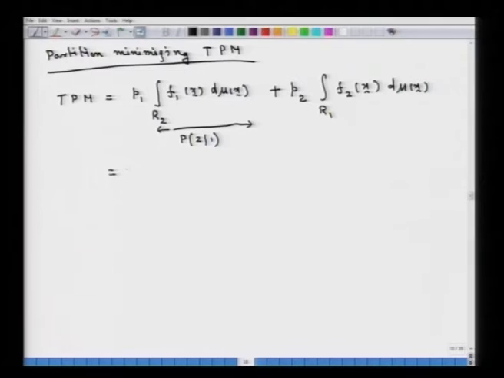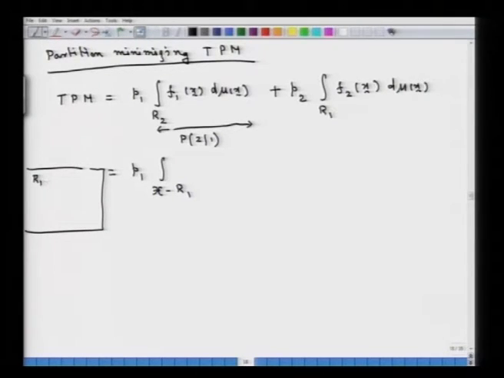Now, let us look at the following: this R2 region can be written as script X minus R1, because we remember that R1, R2 is a partition.